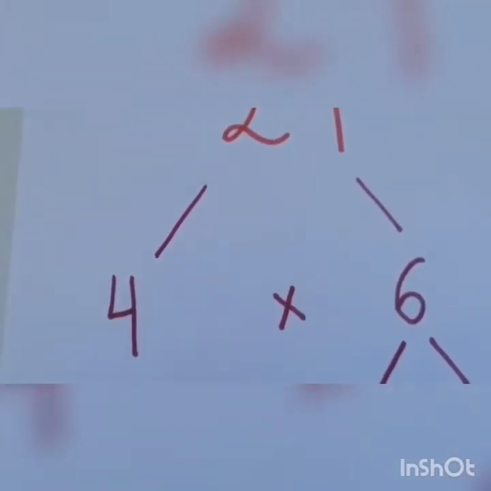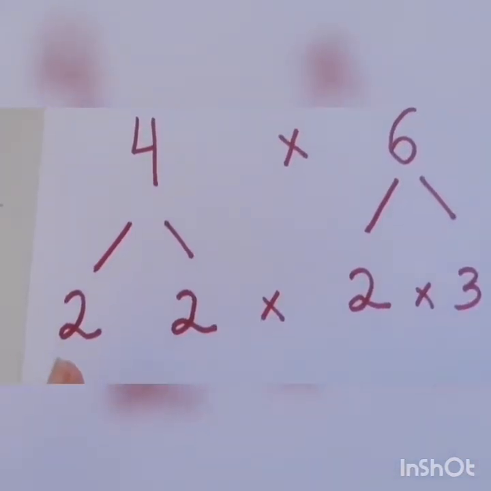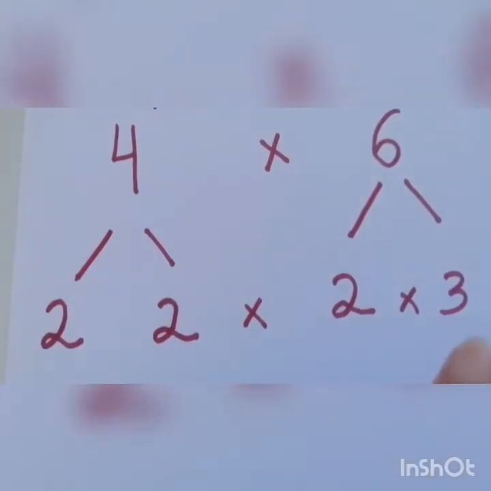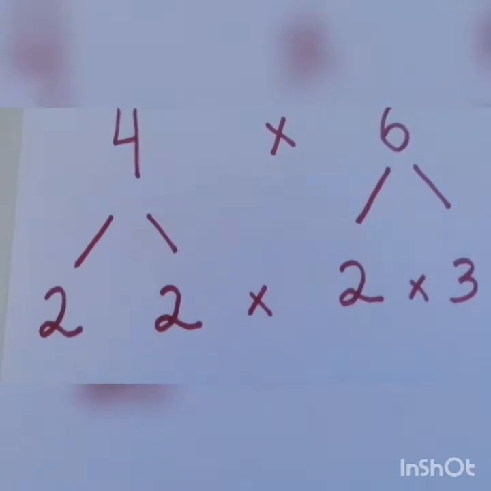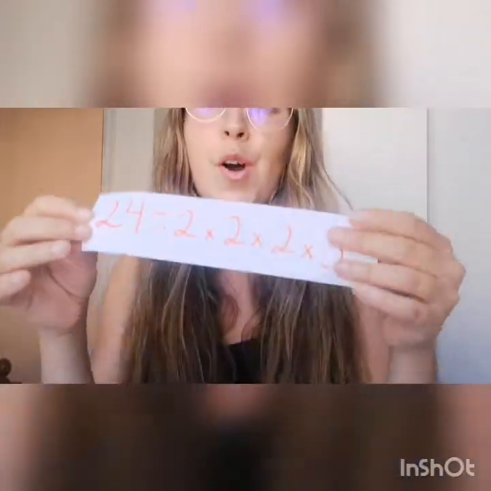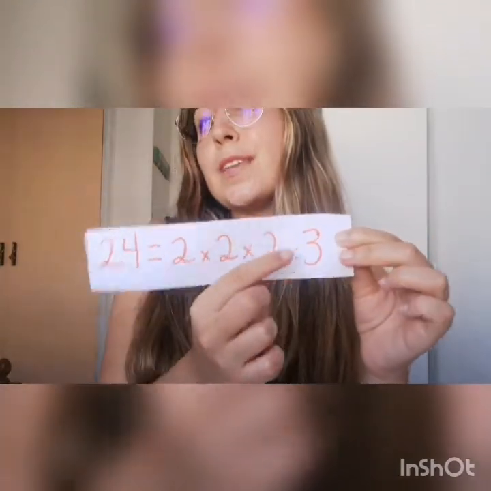So let's follow with this tree. 2 times 2 is 4, and 2 times 3 is 6. 2 and 3 are prime numbers, of course. So the final result of this example is that the prime factorization of 24 is 2 times 2 times 2 times 3.